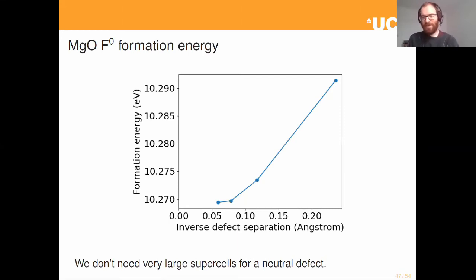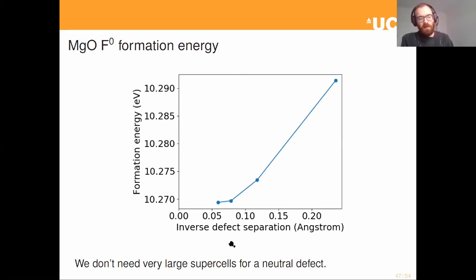I'm going to murder the pronunciation, but this name F center comes from the German word Farbe, which means color, because when these F centers are introduced into a crystal of MgO, they change the color of the crystal. The defect has localized electrons bound in the vacancy, and these can interact with photons and change the color of the entire crystal.